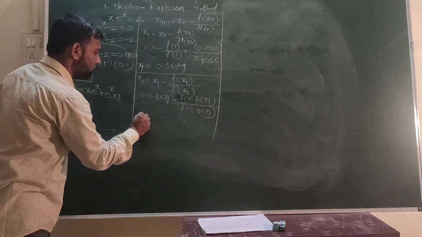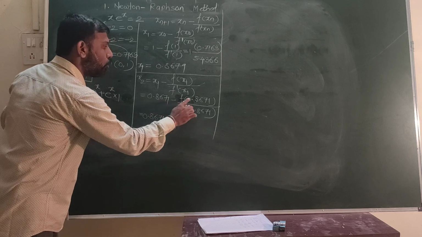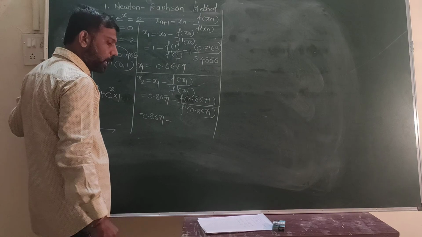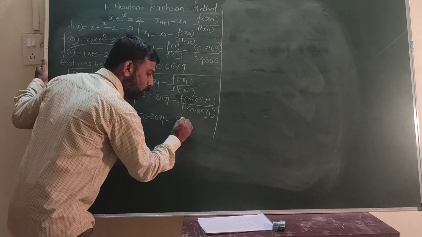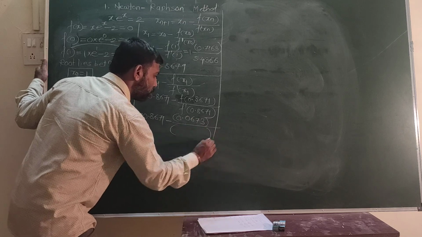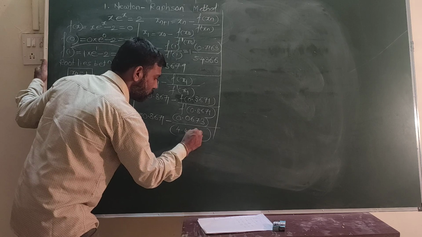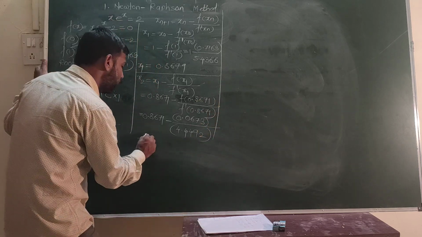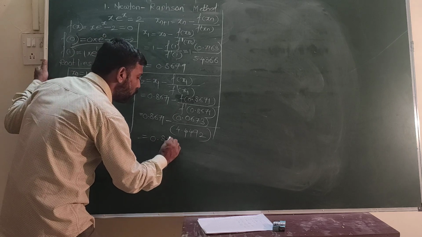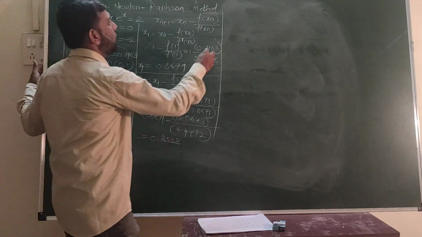So this is the expression. f of 0.8671 substituted in this polynomial, and by calculating on the calculator, upon the derivative, and calculating this expression, it is 0.8528. So this is the second approximation x2.